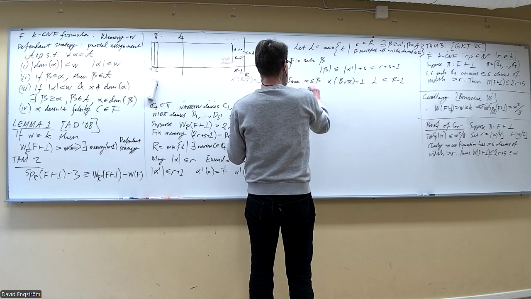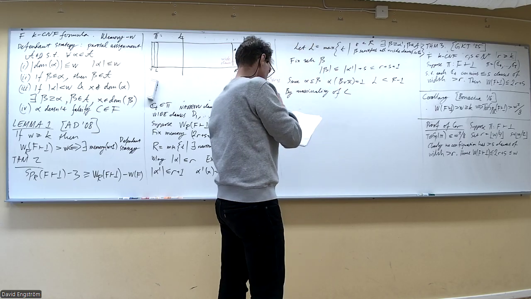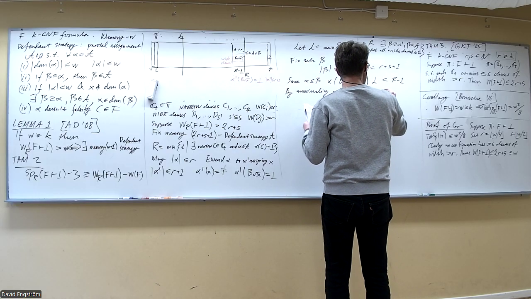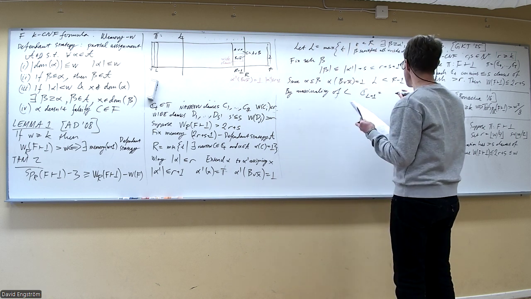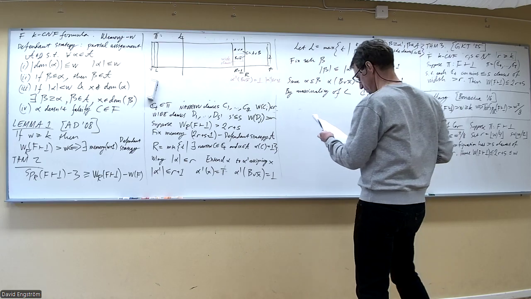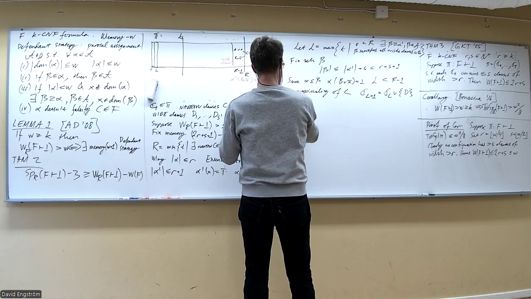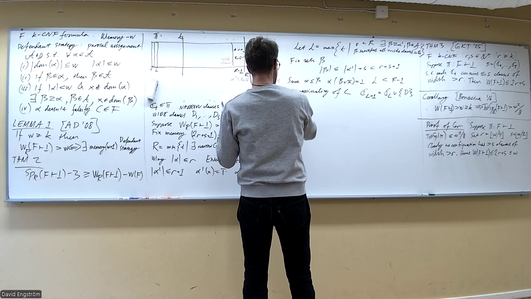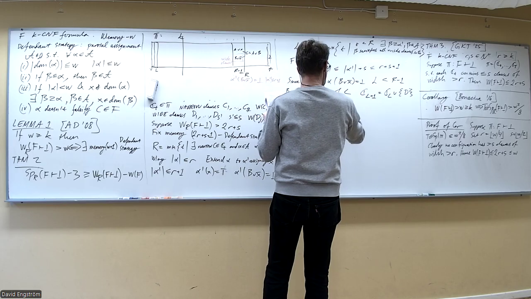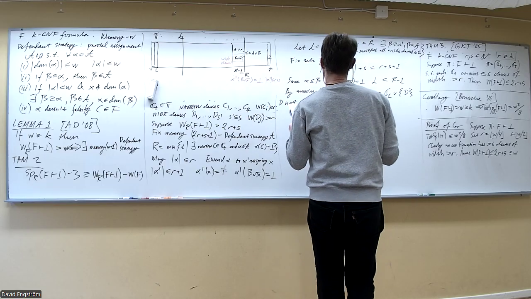So by the maximality of L, we have that C sub L plus 1 is C sub L plus some wide clause D, and D is not satisfied by any gamma.